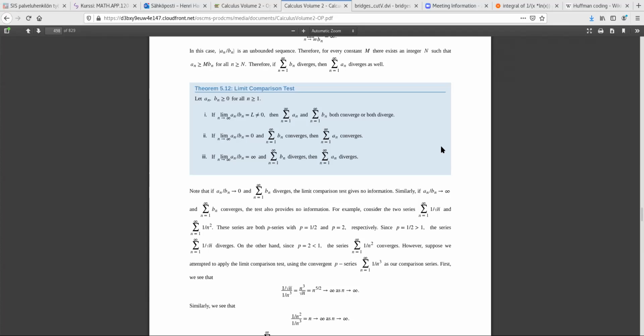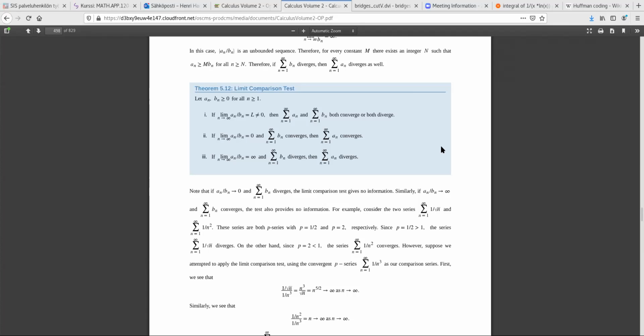On the other hand, if their limit is 0, then the convergence of B implies the convergence of A, but A may converge regardless of what happens to B. On the other hand, if the ratio is infinite, then if B diverges, A must diverge also, but if B converges, we can deduce nothing about the convergence of A.